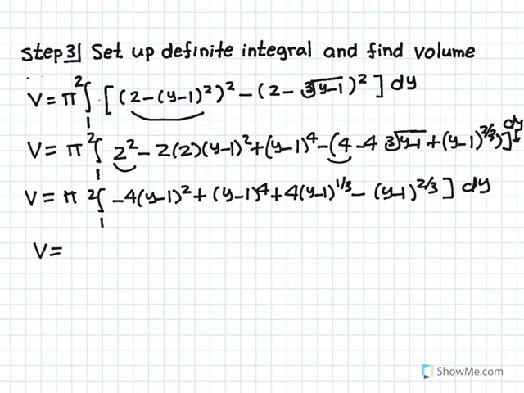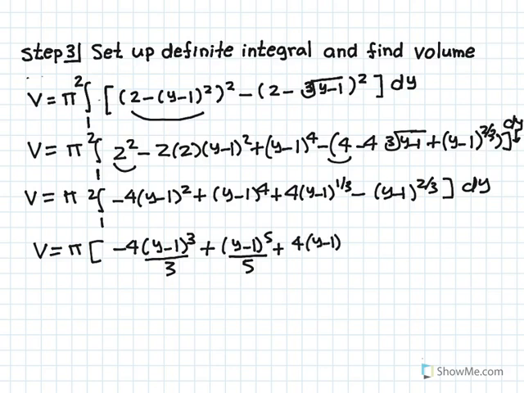So volume is equal to pi times, reversing the power rule and applying the reverse of the chain rule, which is U substitution, we get minus 4 times (y minus 1) cubed, divided by 3, plus (y minus 1) to the 5, divided by 5, plus 4 times (y minus 1) to the power of 1/3 plus 3 over 3, that's 4/3, divided by 4/3, and it flips, we get 3/4.